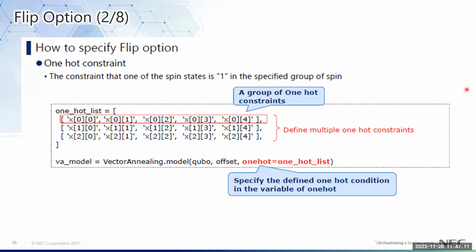And just by saying that, you are making sure that in the case of the traveling salesman problem, if you're visiting only one city, then there should be no case where anything other than one spin is one. So this is your way of providing a constraint to the annealer that out of all the spins that you have input here, only one is possible. Only one can be positive at this point.